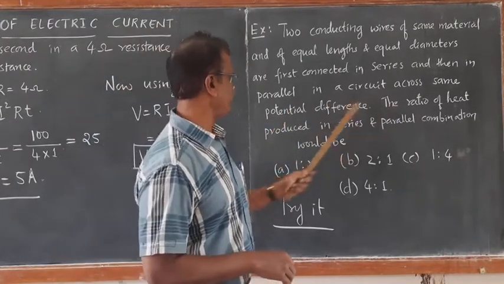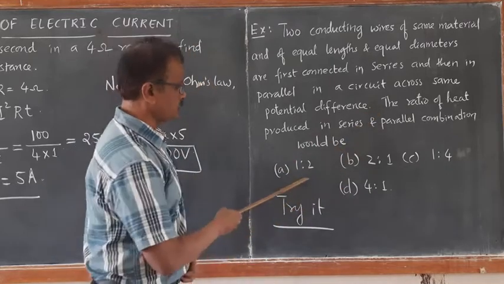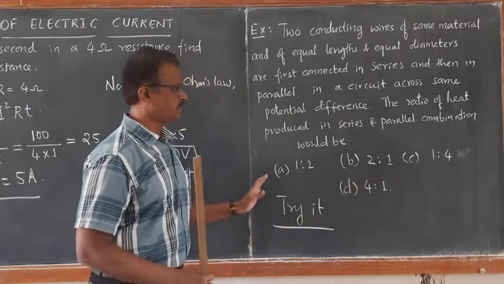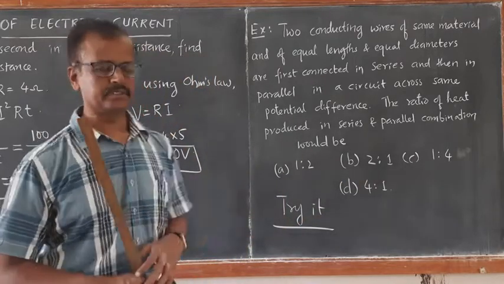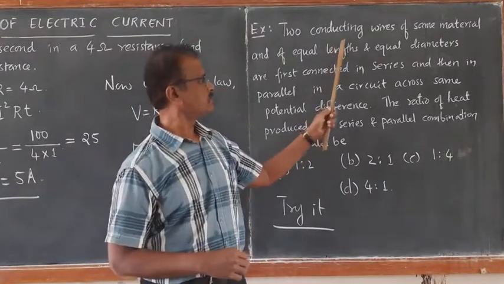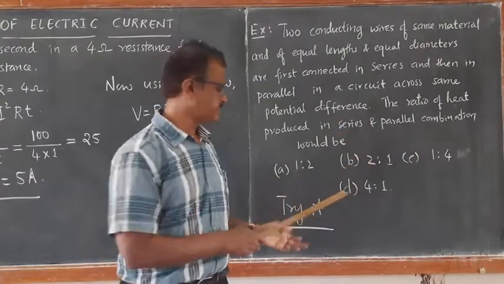The ratio of heat produced in the series and parallel combination would be, is it 1:2, 2:1, 1:4 or 4:1? Calculate it. In the previous section we have studied series and parallel combinations of resistances of the same values R and R. You can try this.